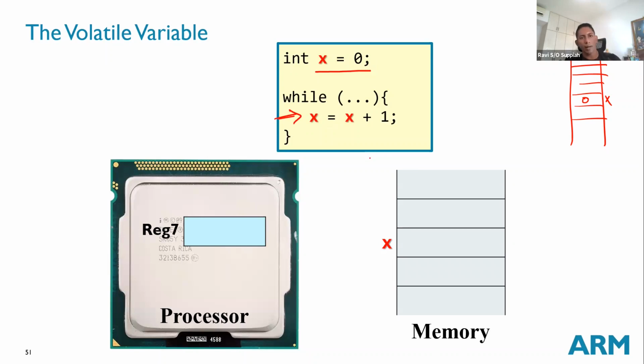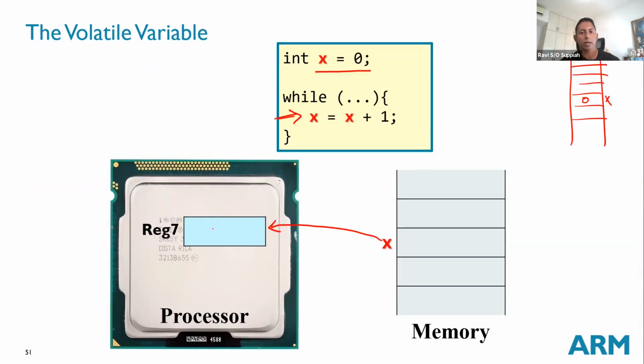An ARM controller is a RISC system. That means whatever operations need to be carried out will only be carried out on the internal registers. It cannot directly act on memory. So I need to first take a copy of x, put it into an internal register, then do the increment.